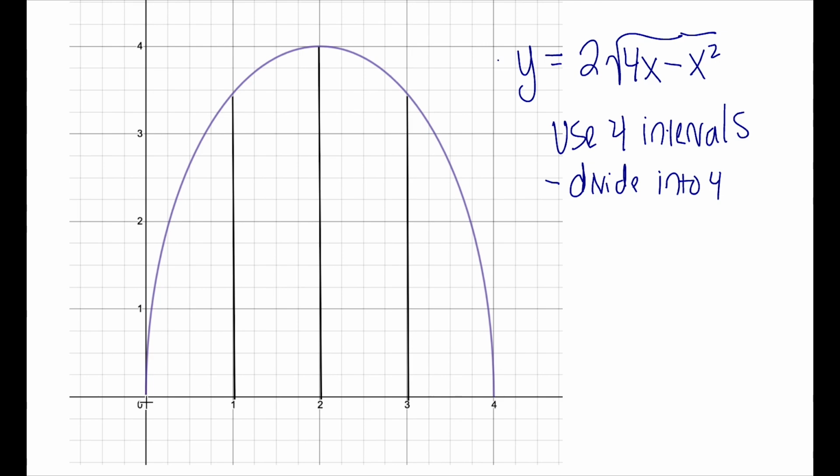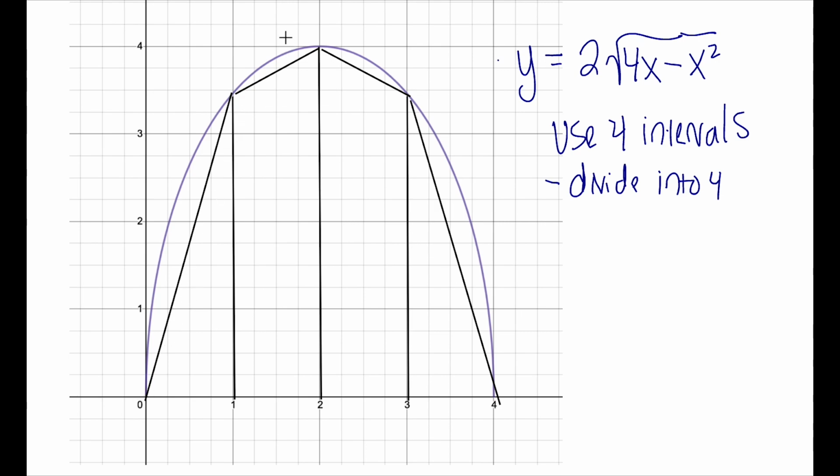So let's connect our points with line segments. If I took the area of these triangles and trapezoids and added them together, would that be more than the area under the curve or less than the area under the curve?